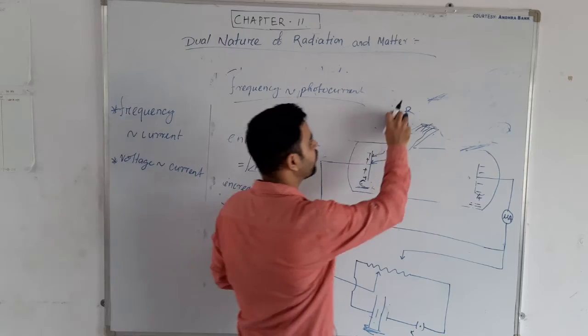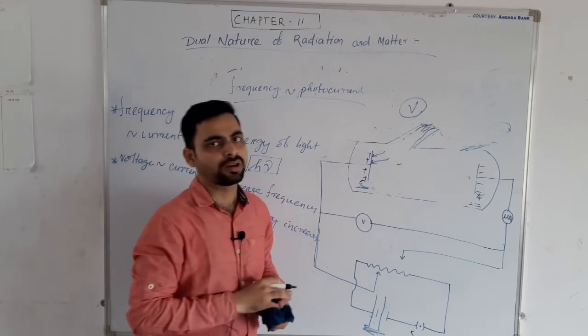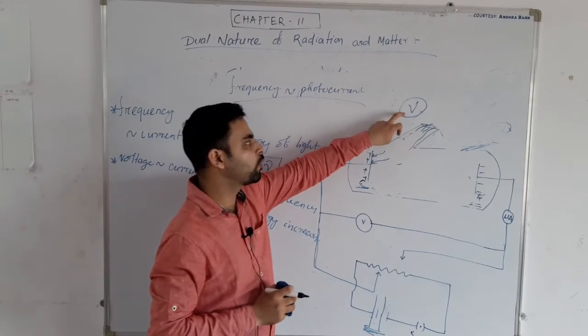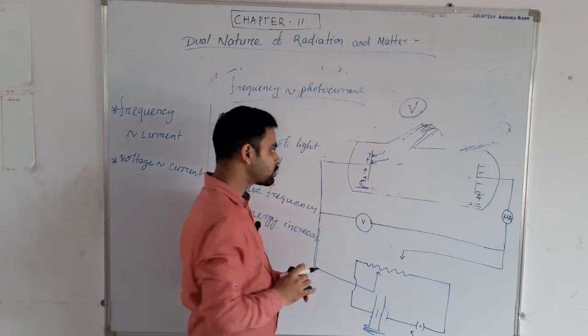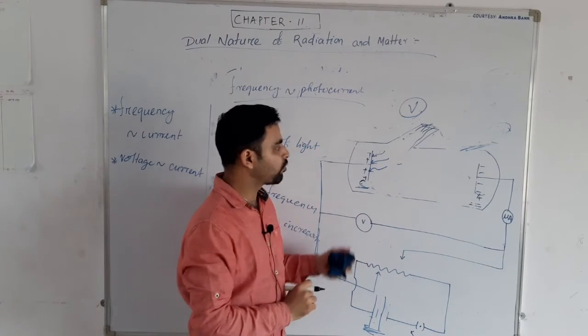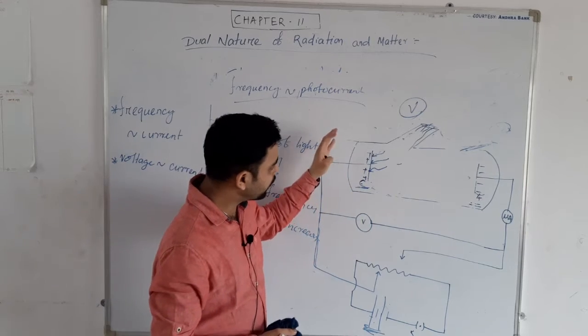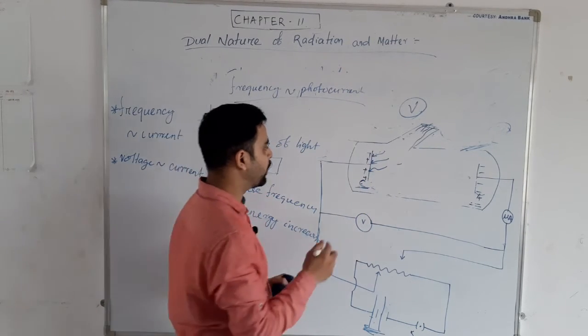If I increase the frequency, suppose I am applying violet color. I know violet color has more frequency. That means it has more energy. When this more energetic light falls on this metal plate, what will happen? It can emit the electrons.